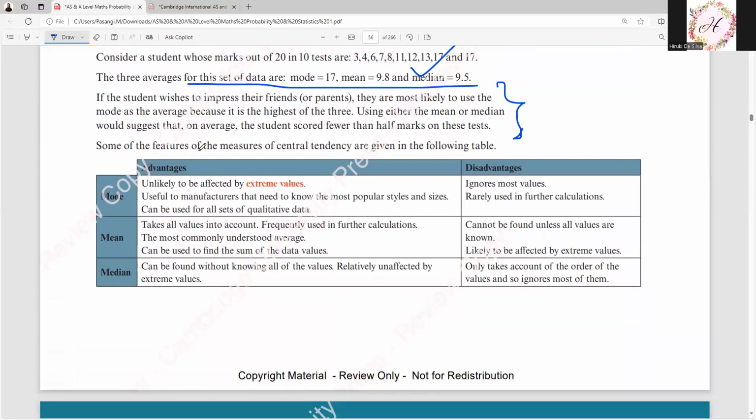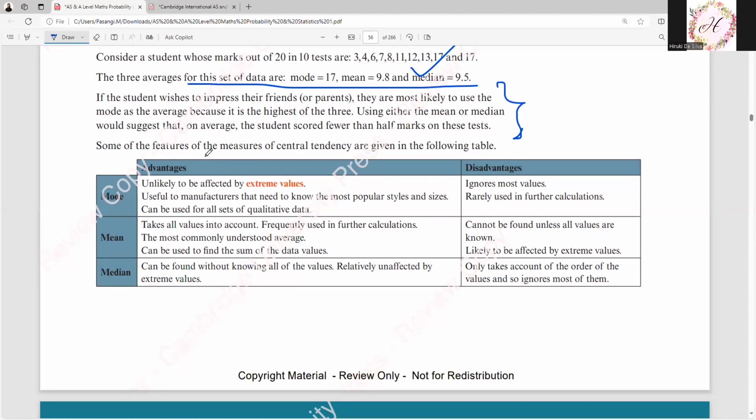So some of the features of the measures of central tendency are given in the following table. Here we have the advantages and the disadvantages. Mode, mean and median values are there, and we have the comparison. Unlikely to be affected by extreme values or outliers, useful to manufacturers that need to know the most popular styles and sizes, can be used for all sets of qualitative data.